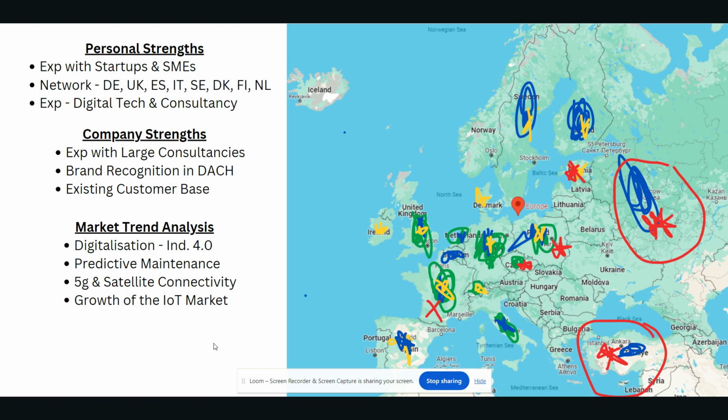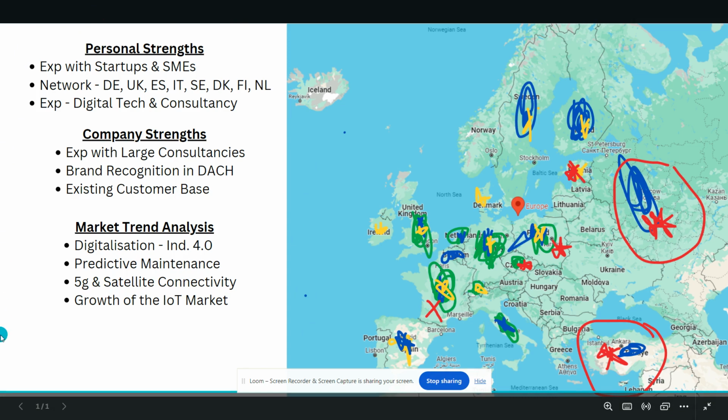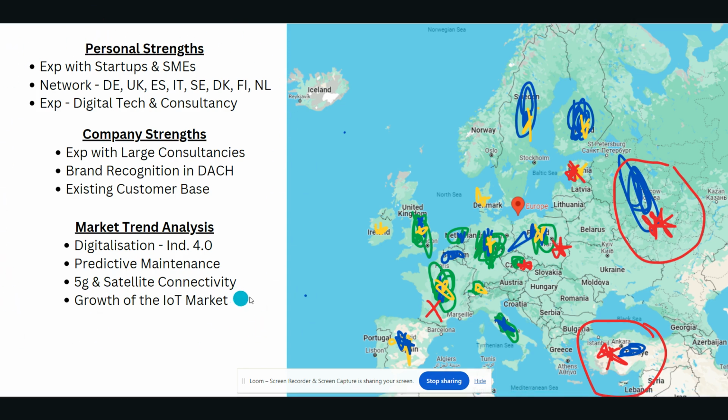I started analysing it against this. Where can I get the strengths? Where are the synergies between what the companies that I was gaining feedback on, and my personal strengths, the company's strengths, or the strategic direction of the organization, in line with the market trend analysis. And I put that together.